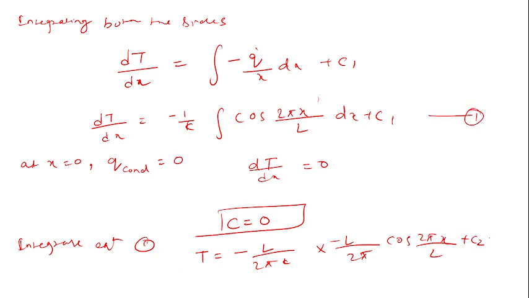Now we'll simplify this. It will be coming as T is equal to L square by 4 pi square k cos 2 pi x by L plus C2.